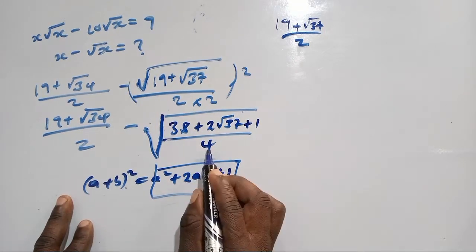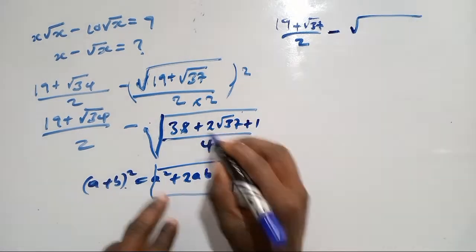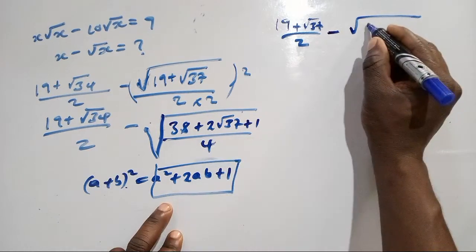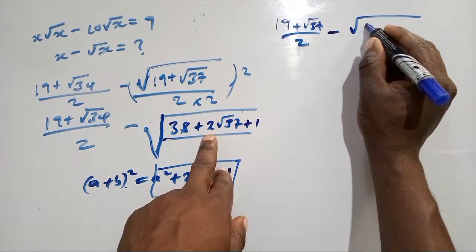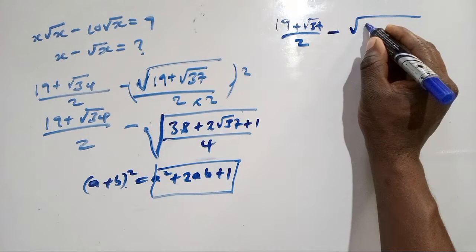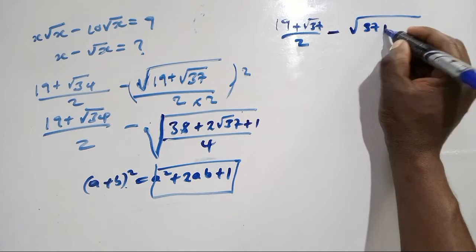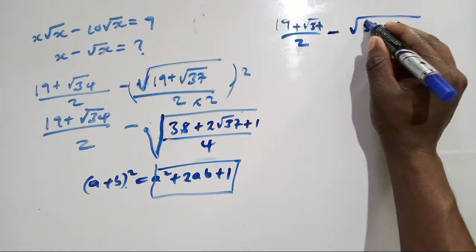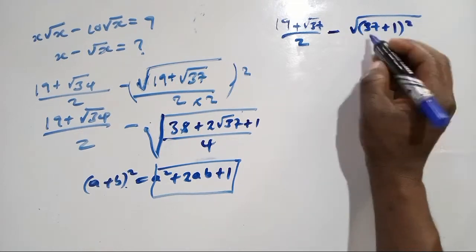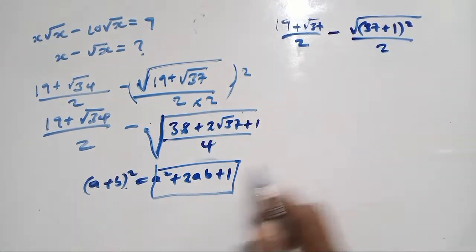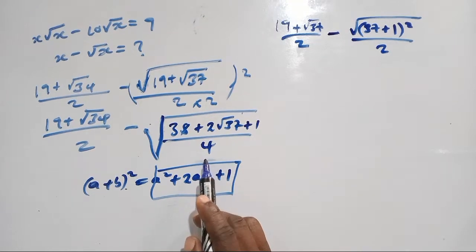Then the square root of 4 is 2. So here we are going to have a minus the root of the square root of 37 plus 1, squared, right? Then over 2, because the square root of 4 is 2, right?